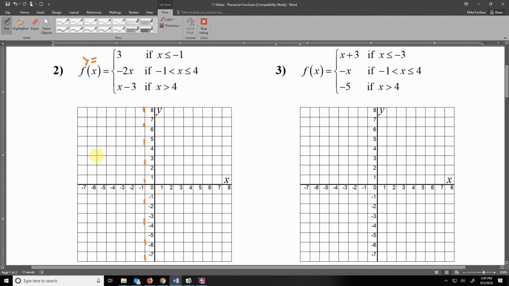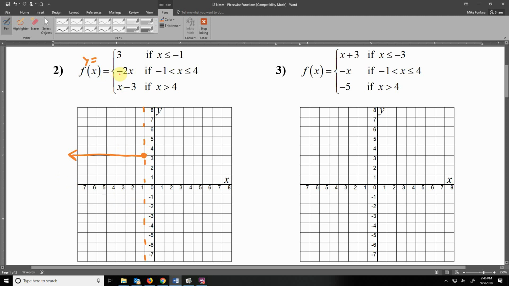So it's this horizontal line right here. It can equal, it's less than or equal to negative 1, so I'm going to close a dot there and draw this horizontal ray that is up 3, but only graphed less than or equal to negative 1.